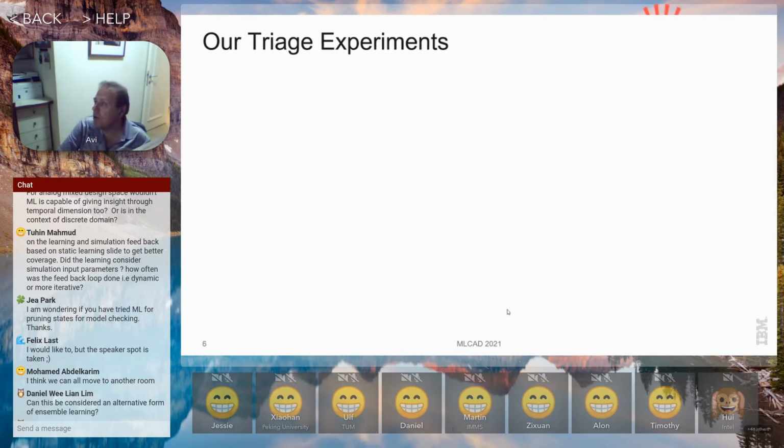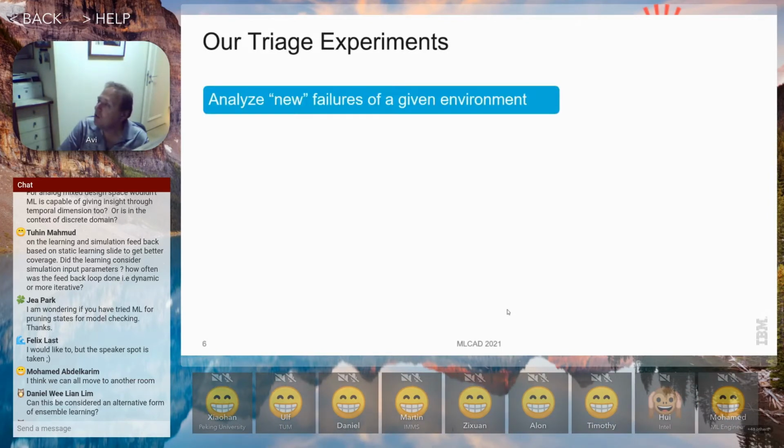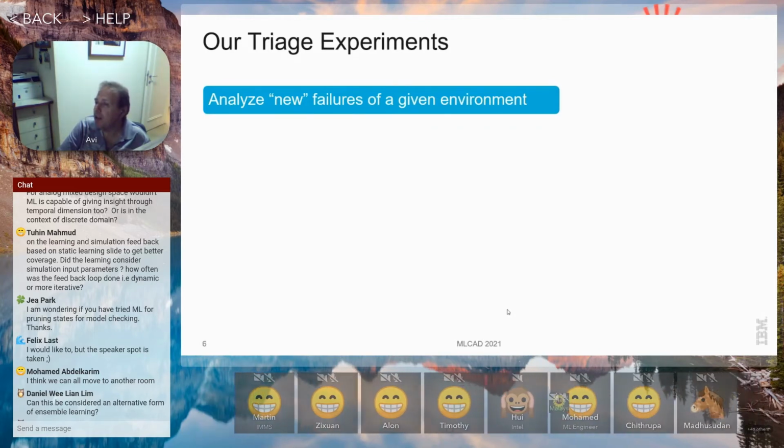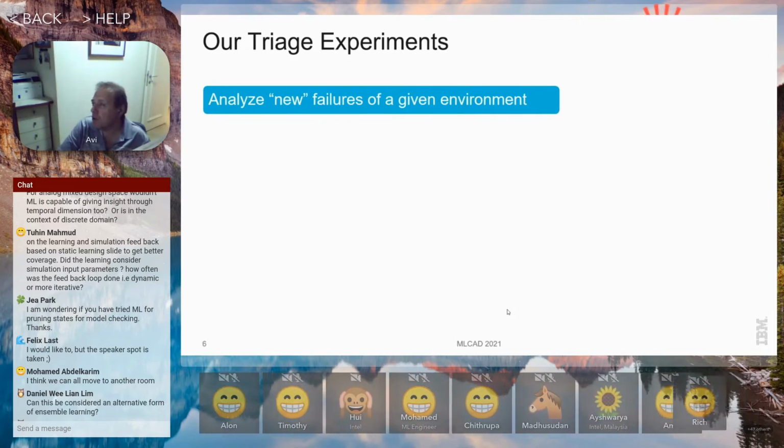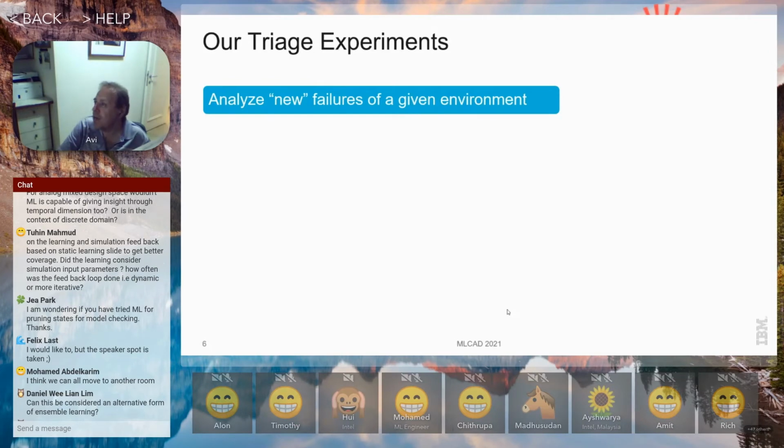So what did we do? What are our triage experiments? First of all, we try to analyze new failures of a given environment. Most of the data that I'm going to show here, the little data that I'm going to show, is about the processor core of a high-end system developed in IBM.